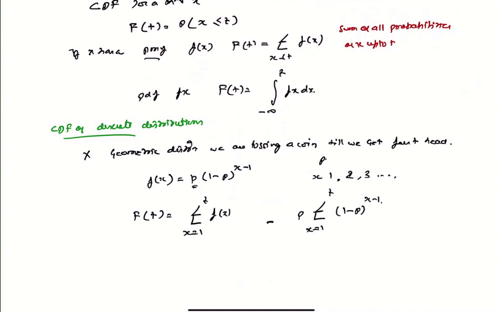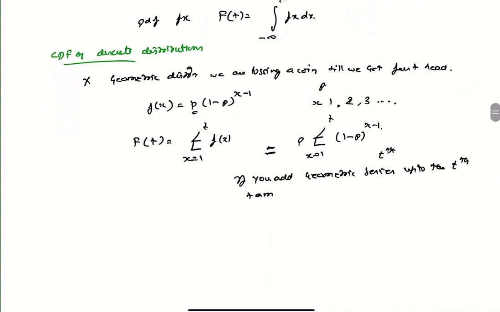Now this is a geometric series, and if you add a geometric series up to the tth term, you will get F(t) equal to p times (1 - (1 - p)^t) upon 1 - (1 - p).